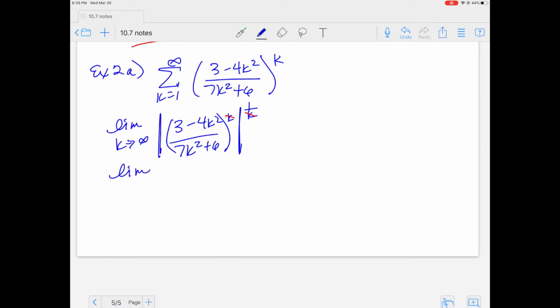So I now have the limit as k approaches infinity of 3 minus 4k squared over 7k squared plus 6. So I'm just taking the limit of this rational expression. I have my leading coefficients when I take this limit. So my answer is really not negative 4/7, because it's that absolute value here. So it's just 4/7.